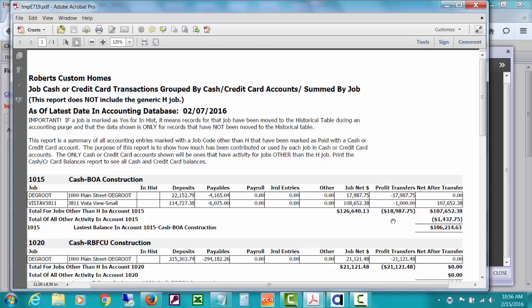You can see we did do profit transfers out. This is the balance in this bank account right now. So there's a little difference in jobs and other kinds of activities that don't exactly relate to a job. So we just put that difference in there for you. So you can see this is the balance in the account, but how much of it is for real jobs. And so we have zero really left in this account for DeGroot because we transferred it out.